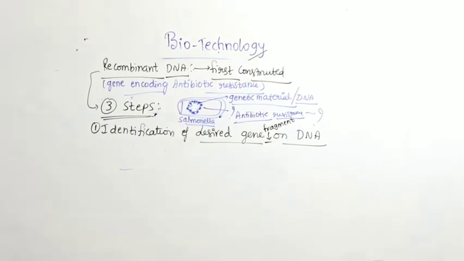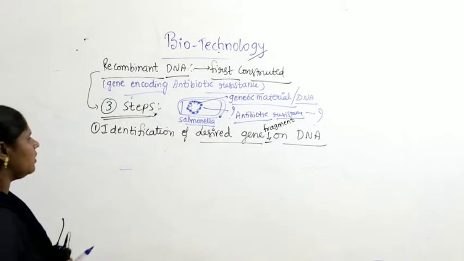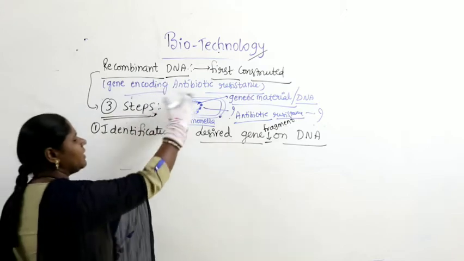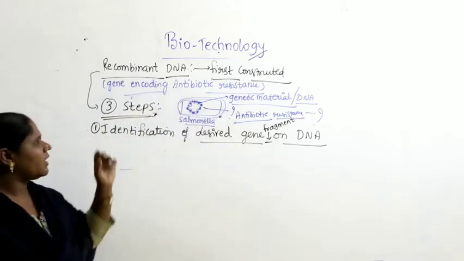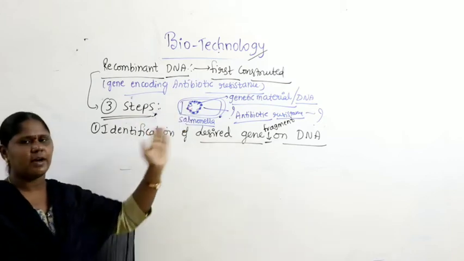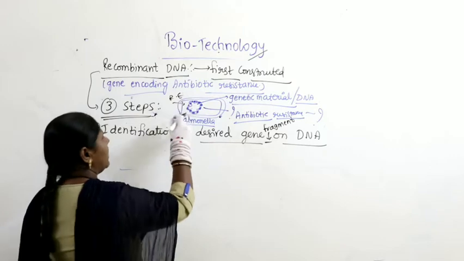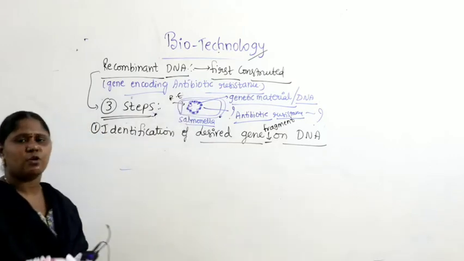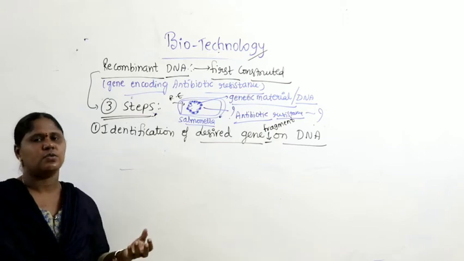So what is the first step we have taken here? Identification of the desired gene fragment on DNA. Out of millions of genes, which gene shows antibiotic resistance? They have to cut the DNA into pieces with the help of restriction endonuclease, and see which fragment contains which genes and what genetic characters they express. It takes a lot of time.